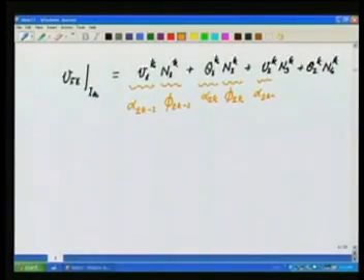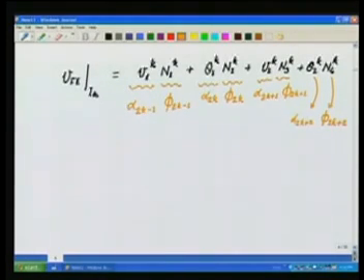This is alpha 2k plus 1, phi 2k plus 1 similarly, and this corresponds to alpha 2k plus 2, and this is phi 2k plus 2.